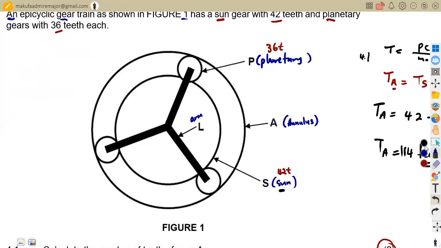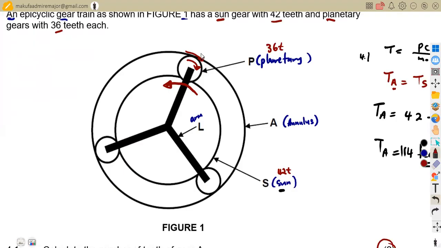As we can see from this part, as the annulus in this case is going clockwise, it means our planetary also is going to be following the same way, which is clockwise, opposed to the sun gear that is going to be anti-clockwise.